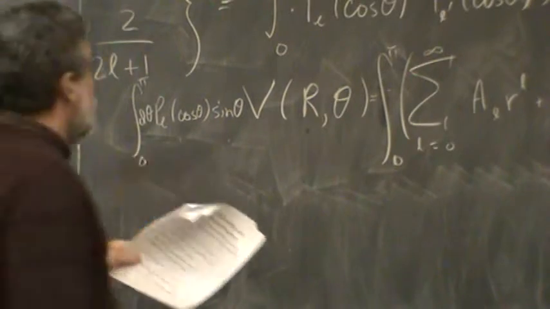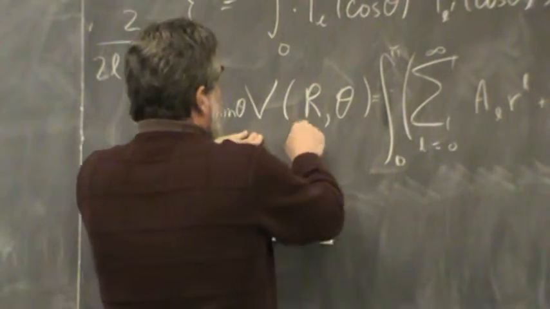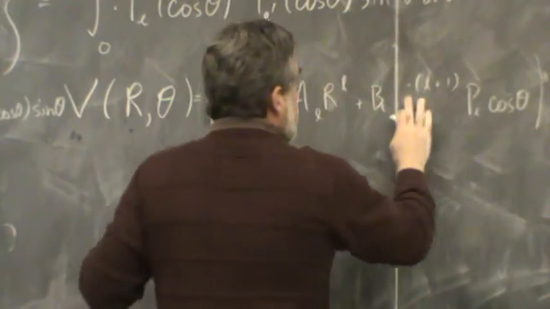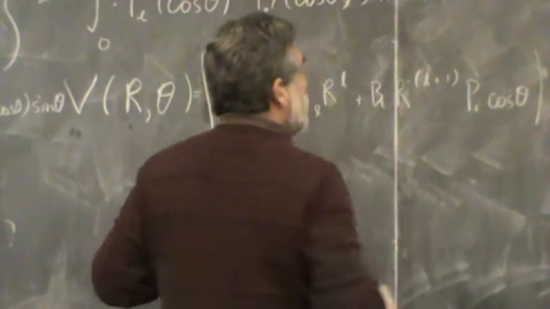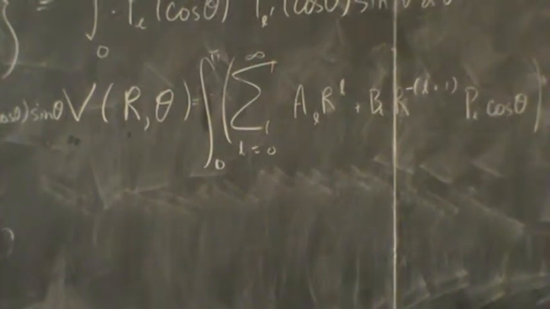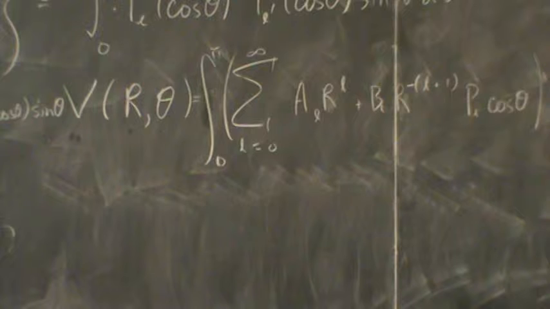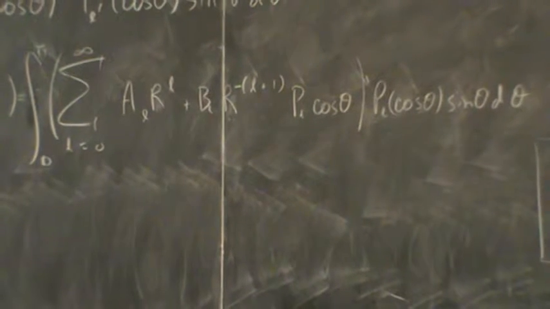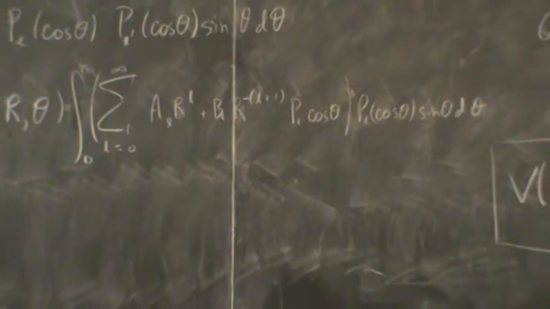This is the potential at position r, and so this becomes capital R in here. That's minus r to the minus L plus 1. My solutions have got to look like this, given this potential on the surface.